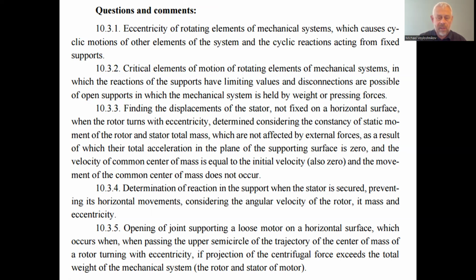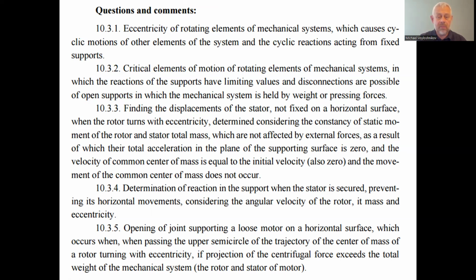In any case, we have some eccentricity, that is, the axis of rotation does not coincide with the center of the mass of the rotating parts. This can cause oscillations of the forces and the motions. If we have limited motions, we will have oscillating forces acting on the fasteners. If we have no fasteners, we will have oscillations of the mechanical system.